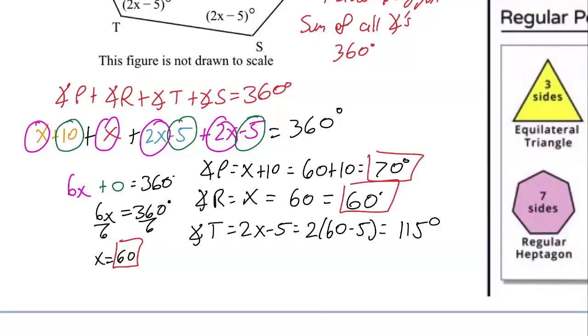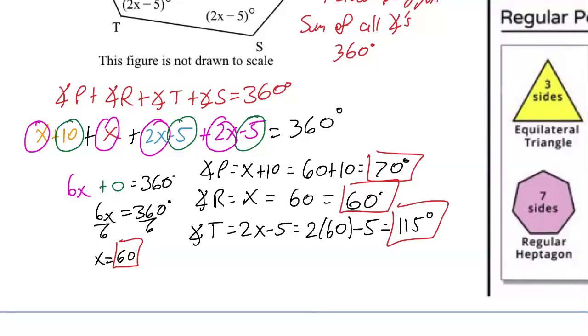Actually, no, it's not. Oh, yes, it is. 2 times x minus 5. I accidentally put the parentheses on the minus 5. So 2 times 60 is 120 minus 5, 115 degrees. I accidentally wrote it wrong when I did the parentheses. By the way, you're supposed to multiply first before you subtract.